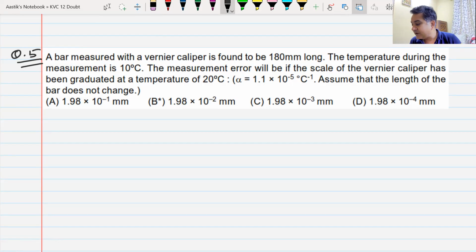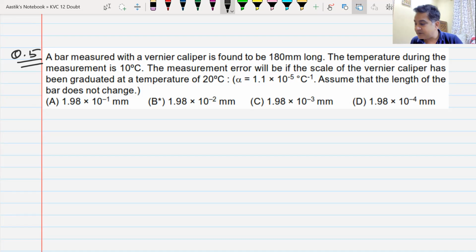Alpha is 1.1 into 10 raised to the power minus 5. Assume that the length of the bar does not change. So the scale has been graduated at 20 degrees Celsius, but it is used to measure at 80 degrees Celsius.